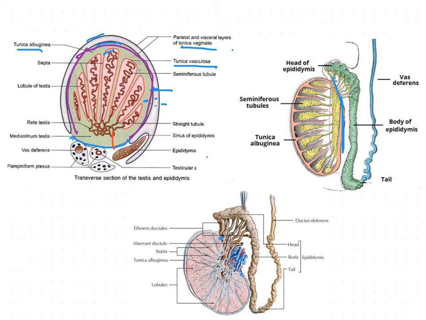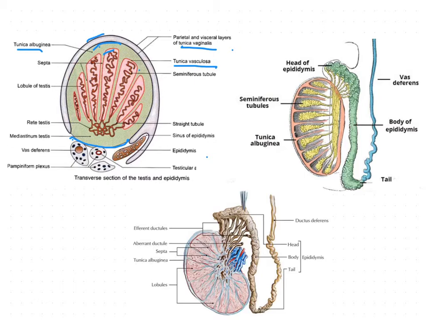So you can find this posterior border of the tunica albugina is thickened to form. So if you see on the anterior, lateral and medial surfaces, you can find more thickness on the posterior aspect, and it is forming an incomplete vertical septum.